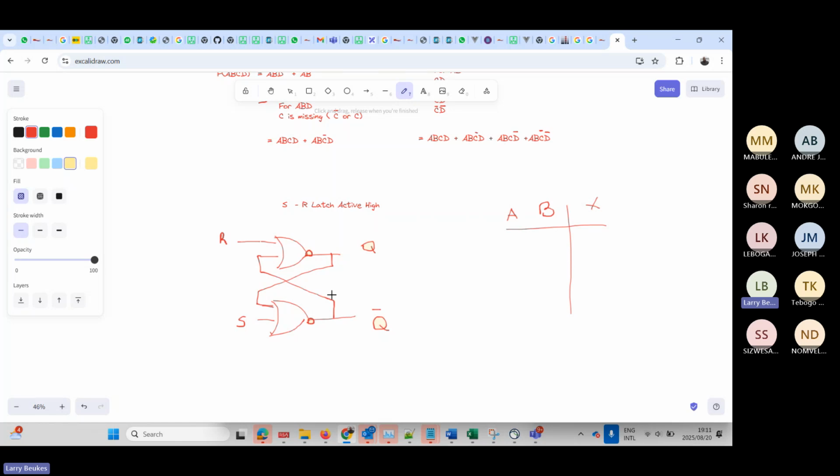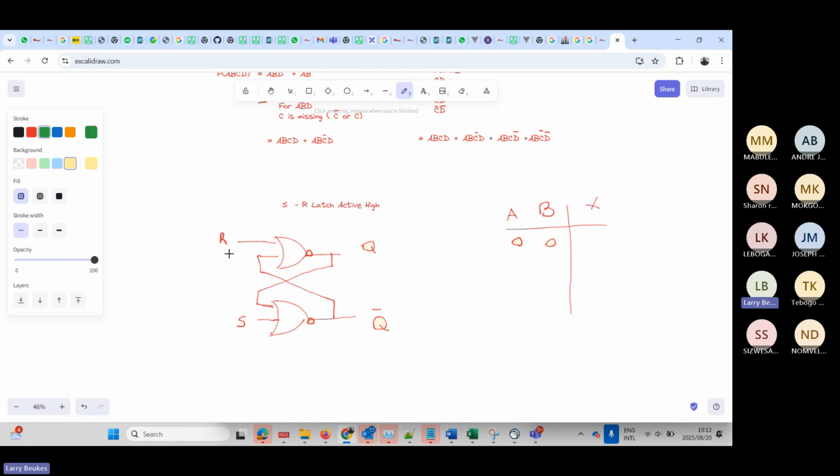So why do I say this? If you have the normal condition, I said the normal condition is low. That's why this is called active high. So we'll start from, for example, 0, 0. Pretend this input is 0 and this is 0.